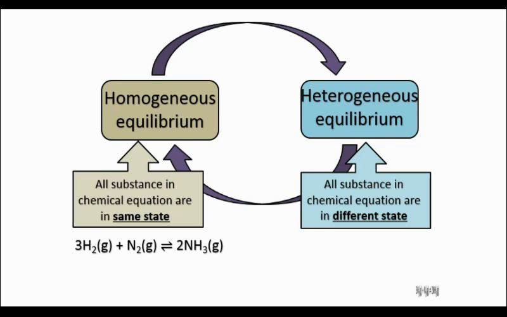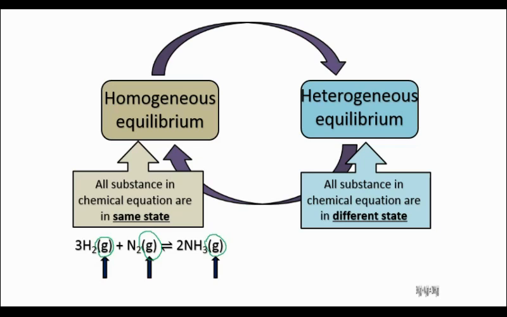How do we characterize a chemical reaction as homogeneous or heterogeneous equilibrium? Let's look at the example. Below the homogeneous equilibrium, we have the reaction between hydrogen and nitrogen gas forming ammonia gas.